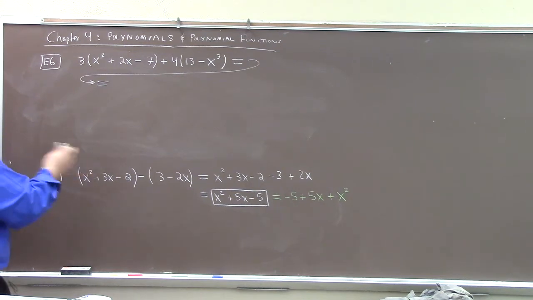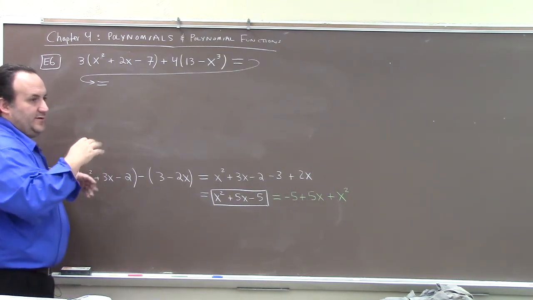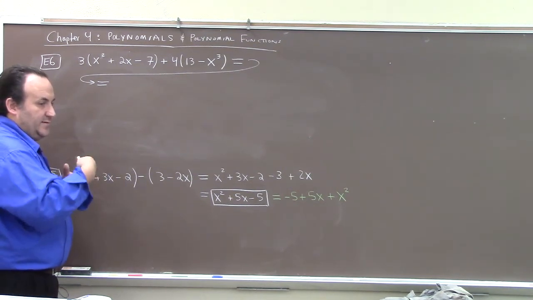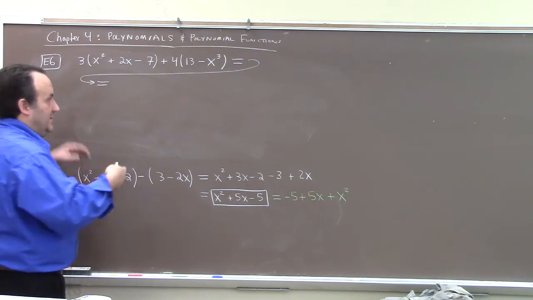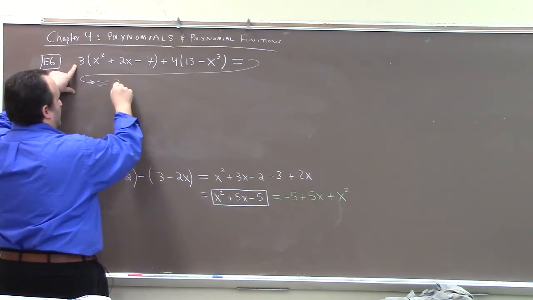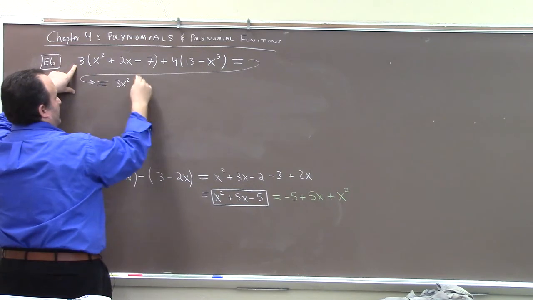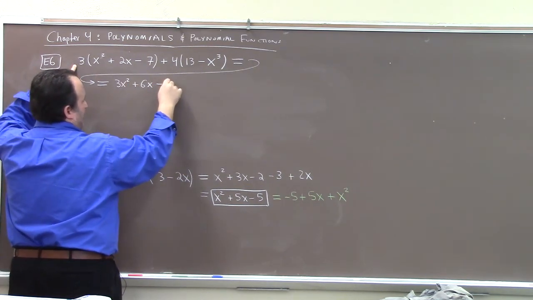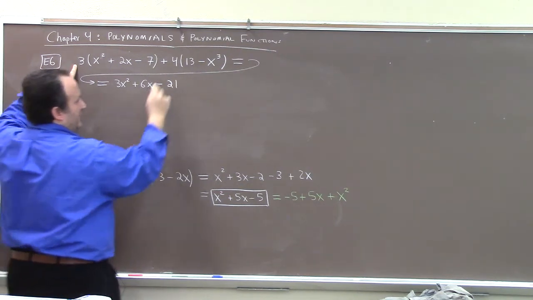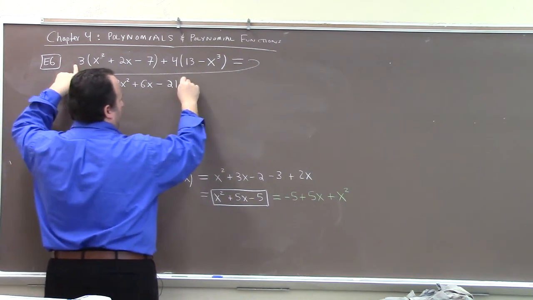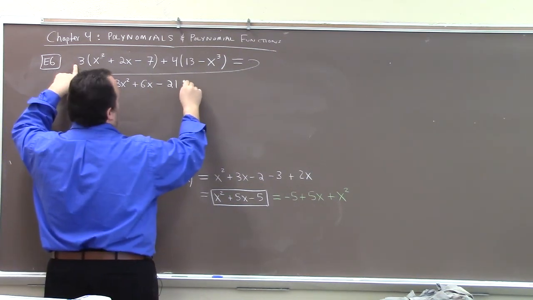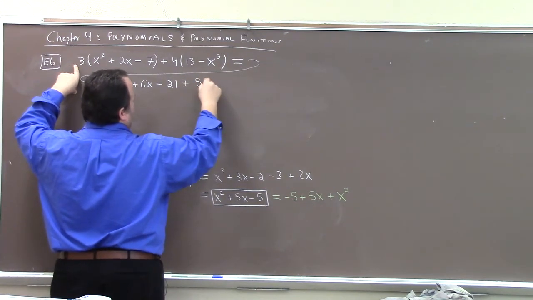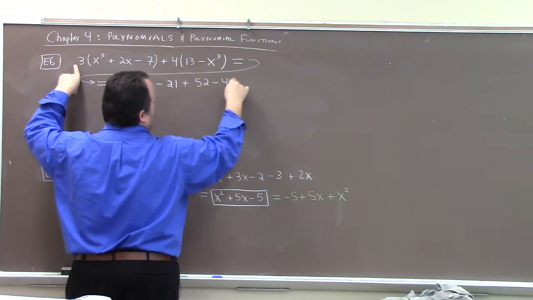When I face something like this, what I want to do is distribute the multiplication first. So this is going to give me 3x squared. 3 times 2 is 6. 3 times 7, 21, but I got a minus, so minus 21, right? 4 times 13 is 52. Wait a minute, is it? Yeah, 52. Minus 4x cubed.